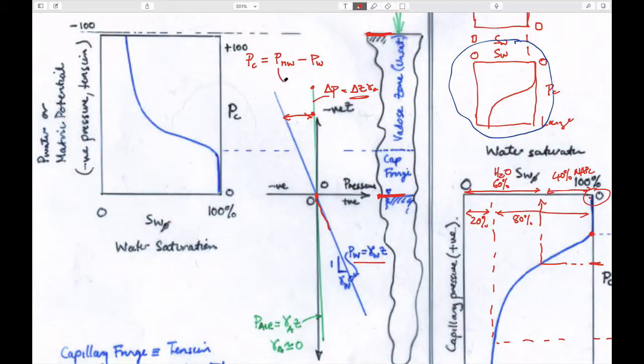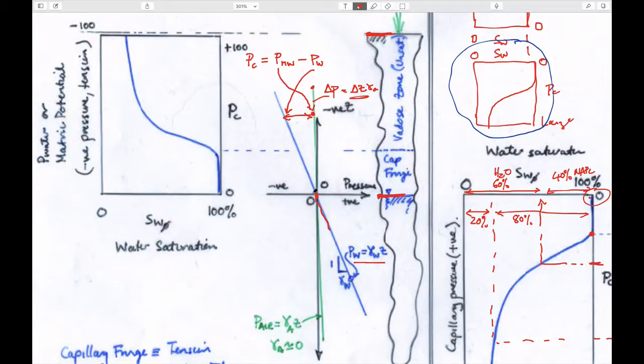The pressure in the non-wetting fluid is air. The pressure in the wetting fluid is water. And so this will be a small number. This will be minus a negative number, so it will be positive. So this is still positive.